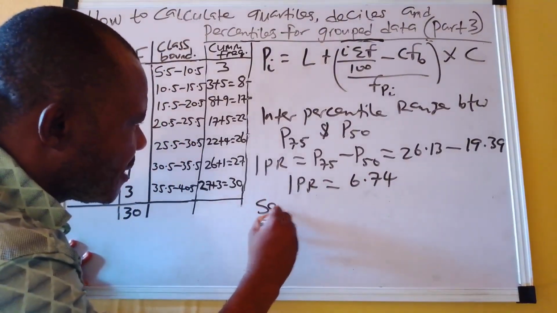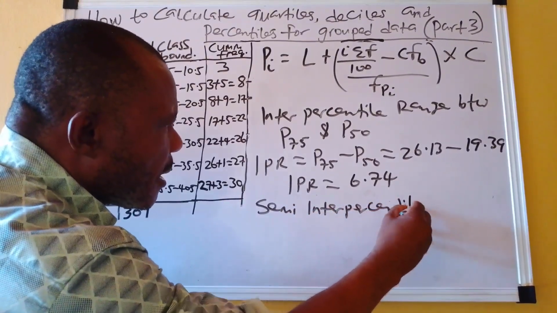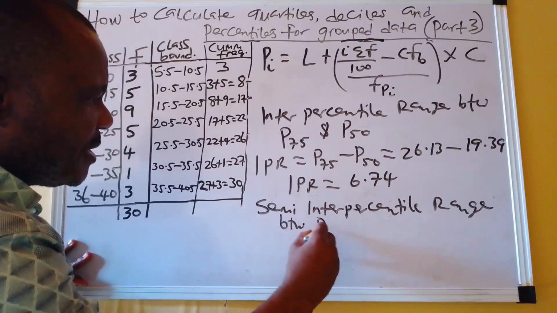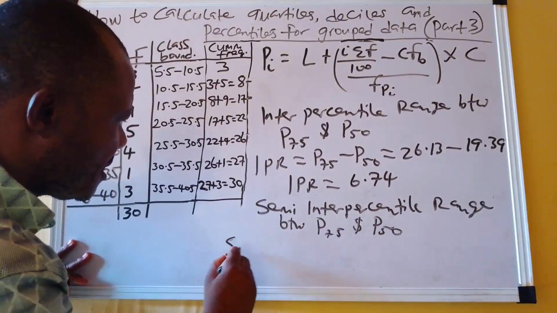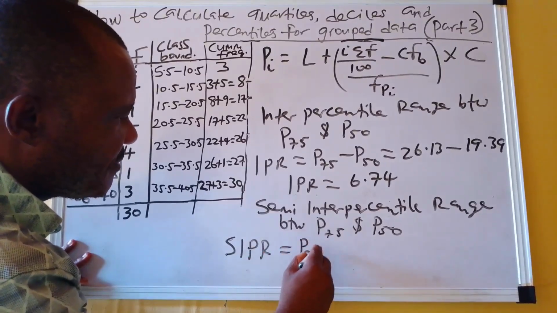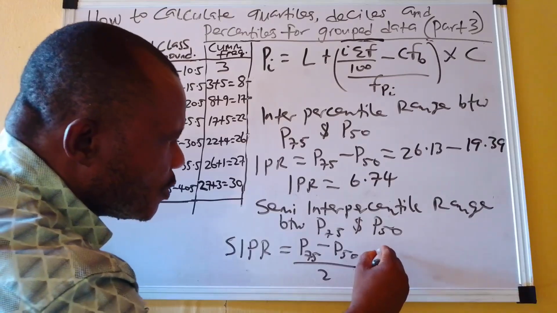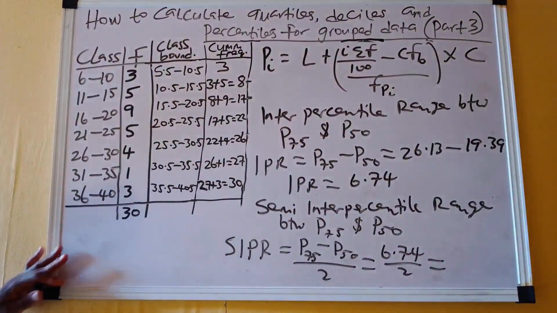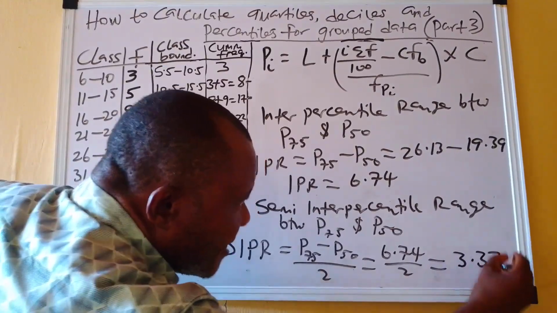So our semi-interpercentile range between P75 and P50 will be equal to P75 minus P50 all over 2, and that is equal to 6.74 over 2, which is equal to 3.37.